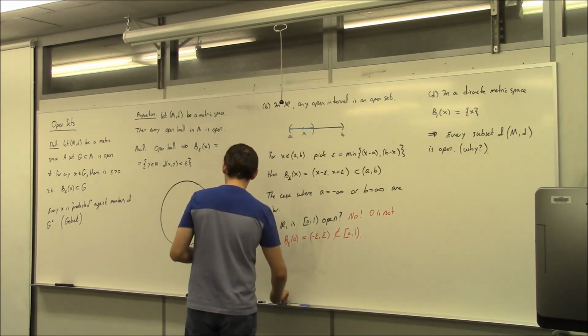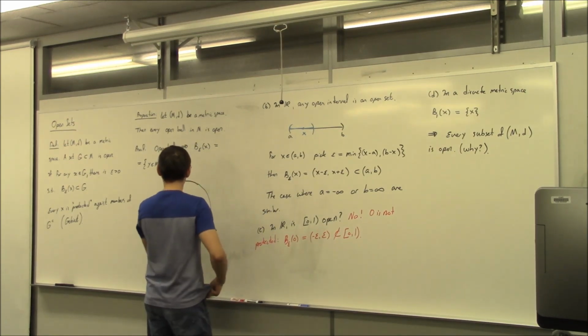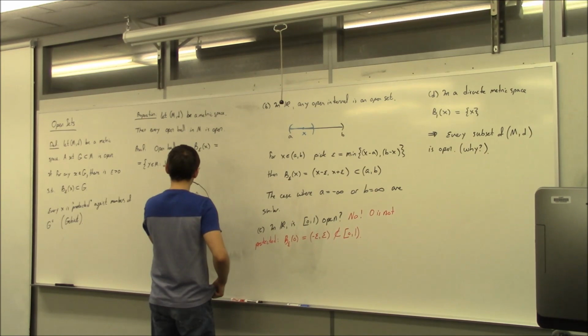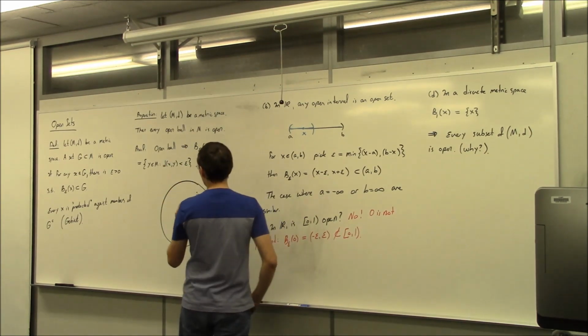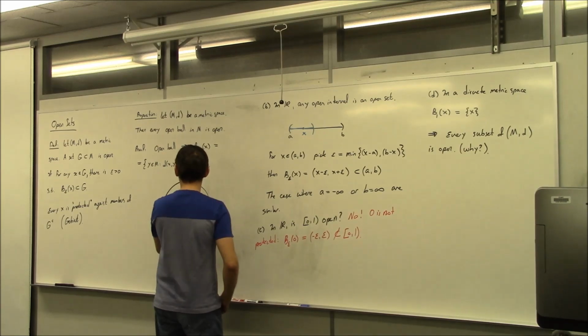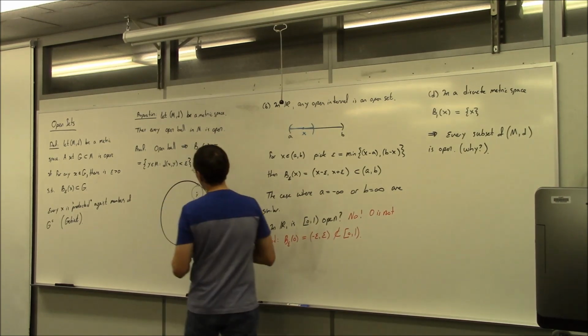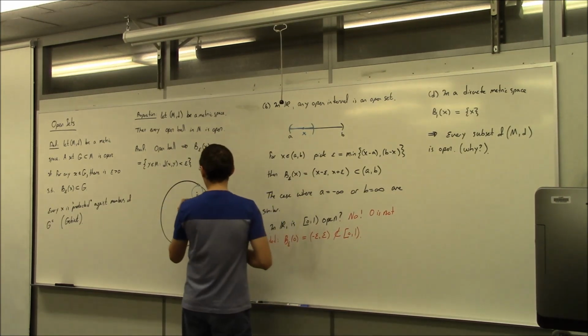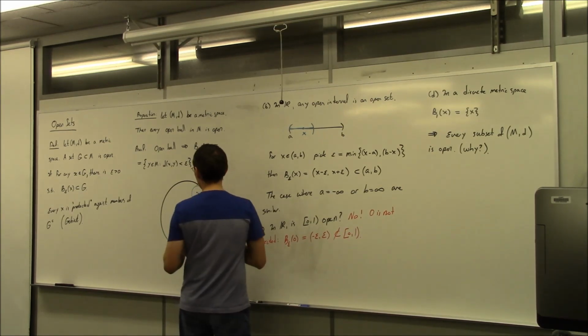So I select a Y. This is my Y, and my goal is to show that there is going to be a fully protecting neighborhood. The question is what delta to pick. So this will have radius delta.